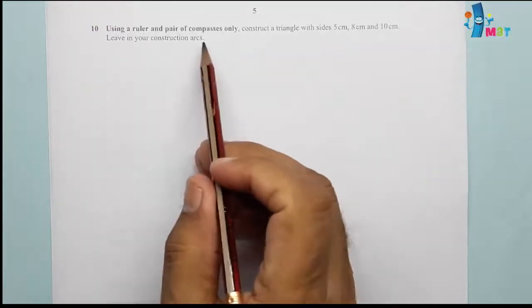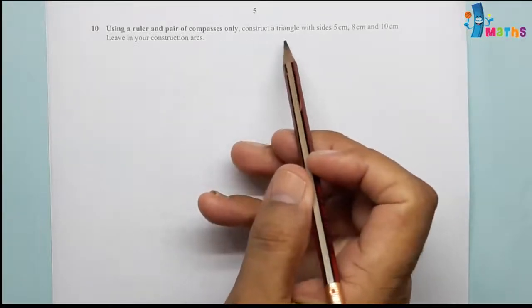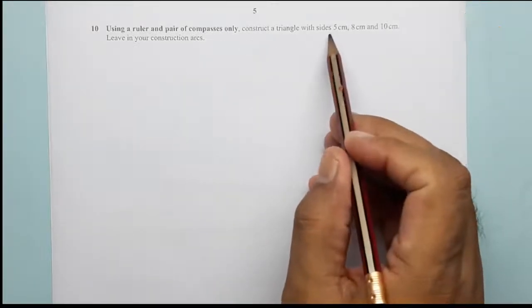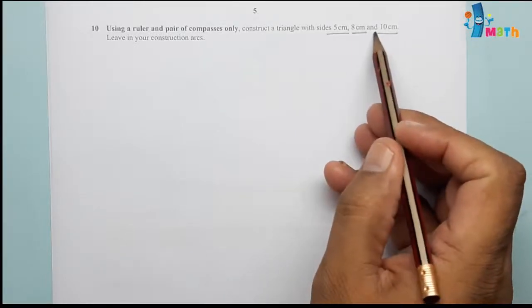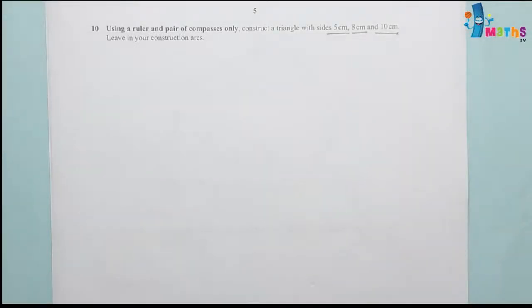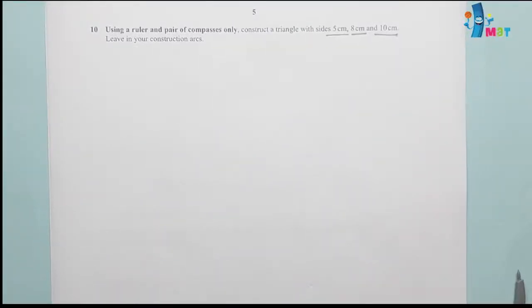Using a ruler and pair of compasses only, construct a triangle with sides 5 centimeter, 8 centimeter, and 10 centimeter. So 10 centimeter base we can take by the help of scale.